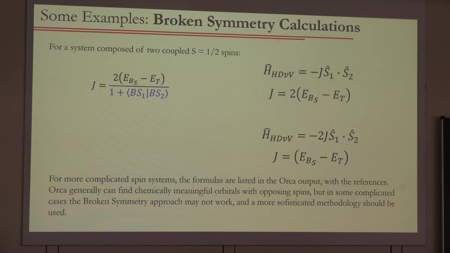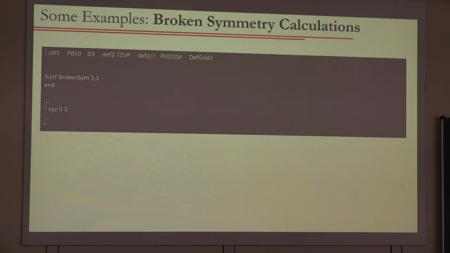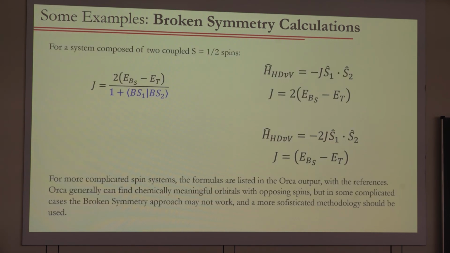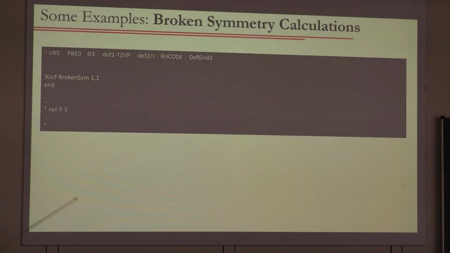And okay, it doesn't matter that those animations are random, but basically it's an approximation that allows you to estimate, through a single determinant method, an exchange coupling that you could in principle only calculate using a multi-determinant wave function method. So you request this using broken symmetry. If you have only 2 electrons, you can put broken sym 1, 1, and you start from the triplet state, and Orca will do the work.